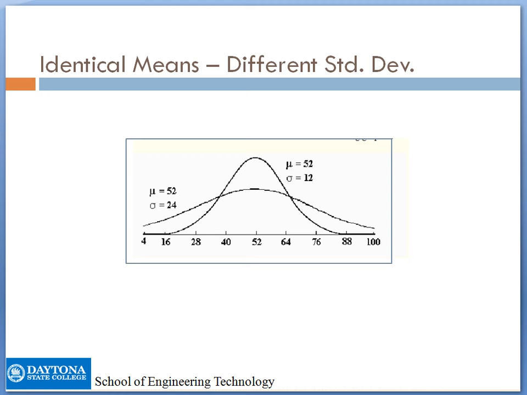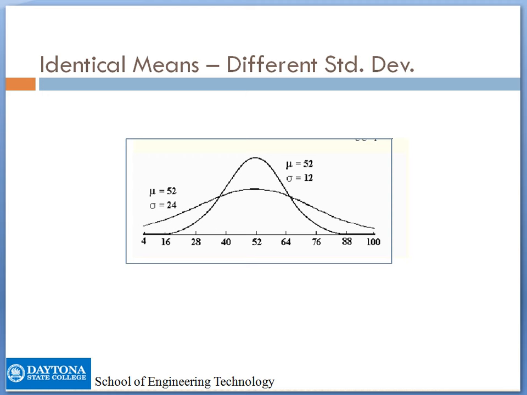So, how do we understand the relationship between the mean and the standard deviation? The mean is a measure of central tendency, and the standard deviation is a measure of dispersion. As you can see in this figure, the mean for both curves is the same, equal to 52.